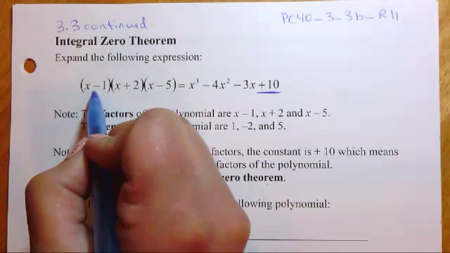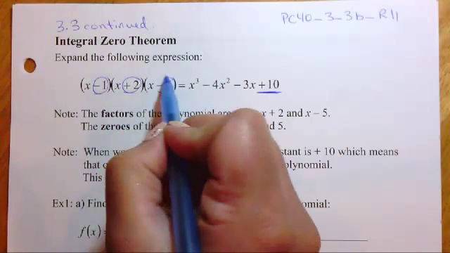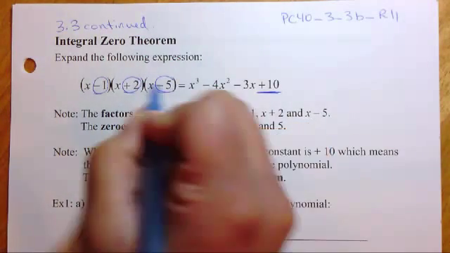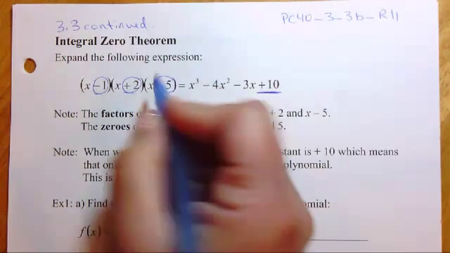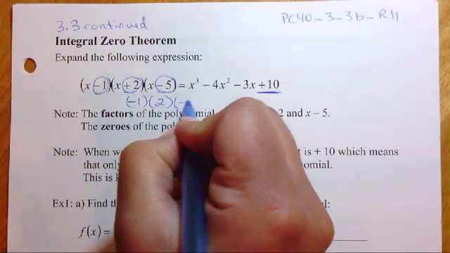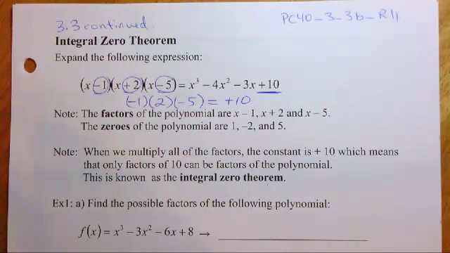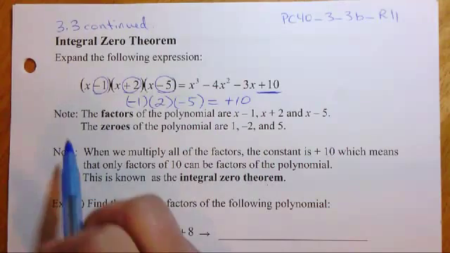So if we look at this example, if we take negative 1, positive 2, and negative 5, and multiply those together, negative 1 times 2 times negative 5, we end up getting plus 10. I want you to think why that happens.